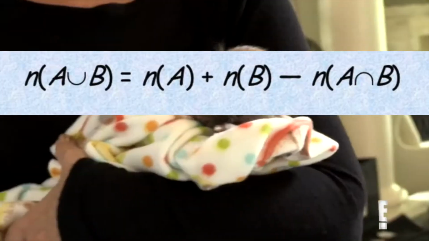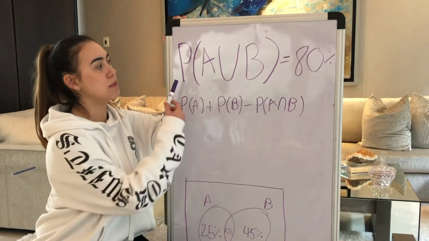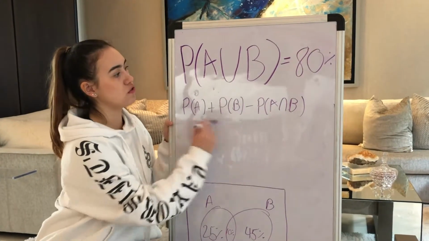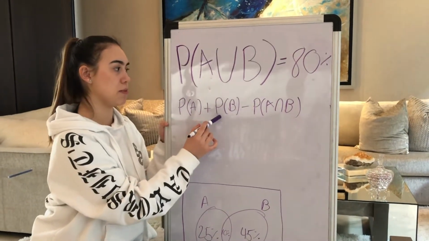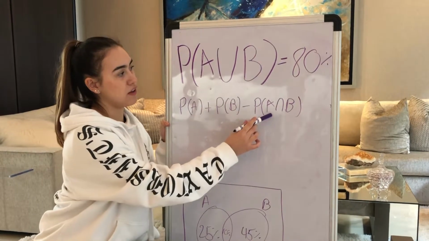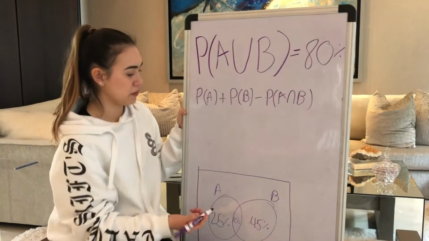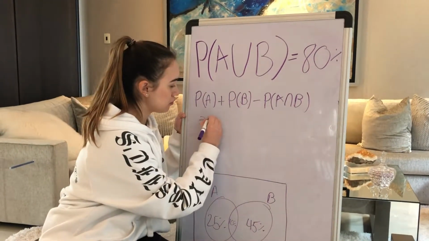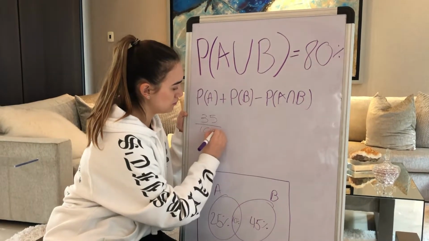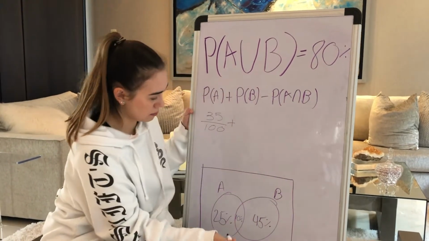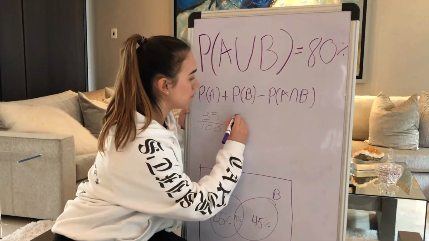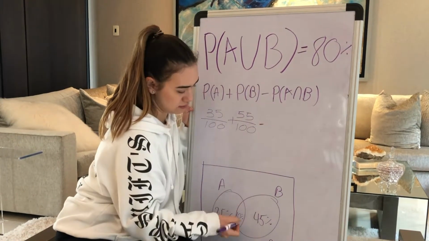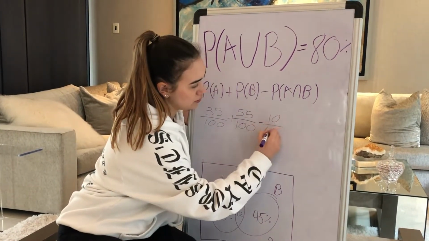In question number 2, we're asked to find the probability of A or B. So what we will do is use this formula: the probability of A plus the probability of B minus the probability of A and B. With the help of the Venn diagram, we know that the probability of A is 35 over 100, plus the probability of B, that is 55 divided by 100, minus 10 over 100.